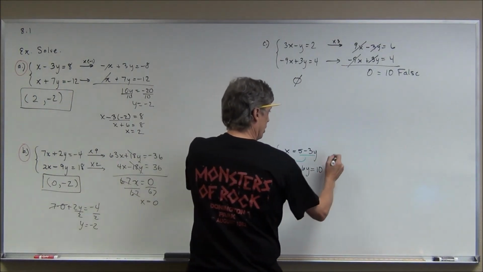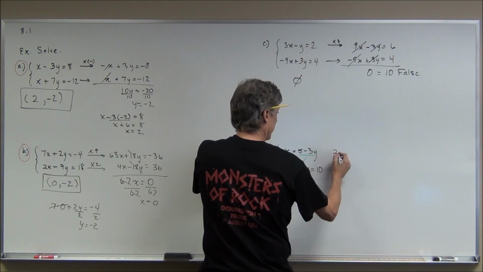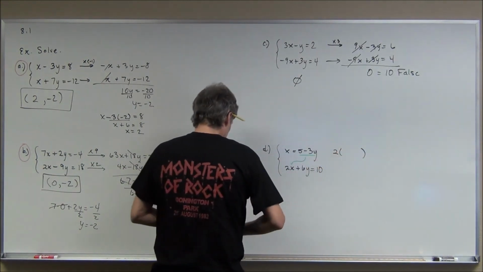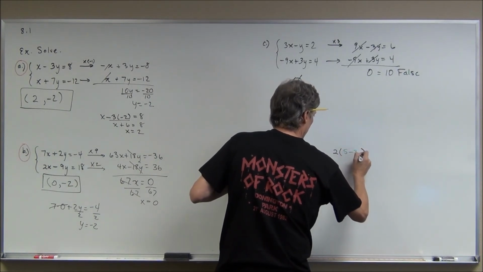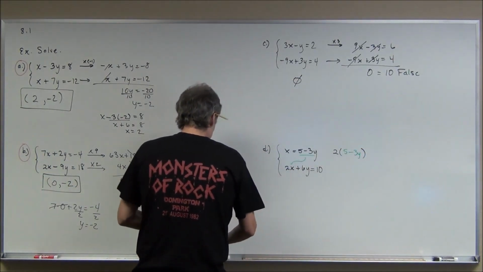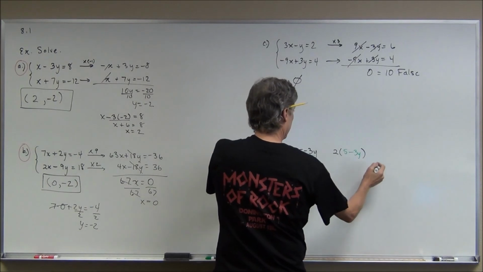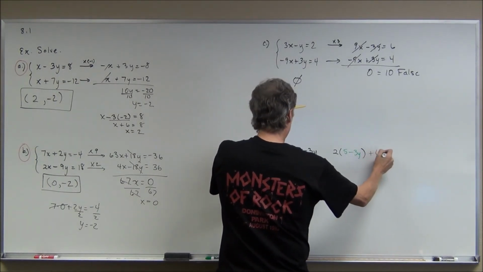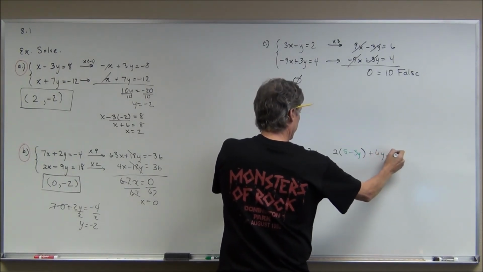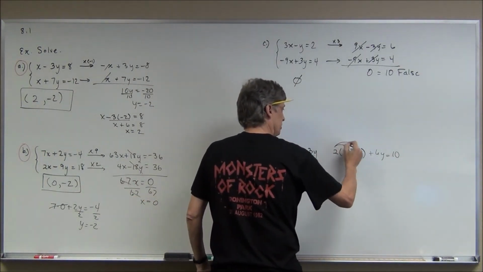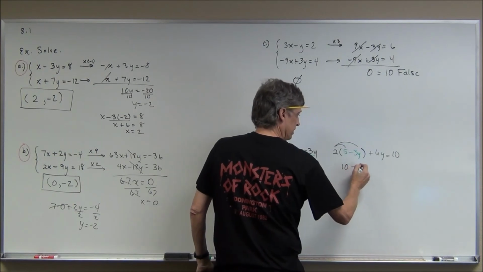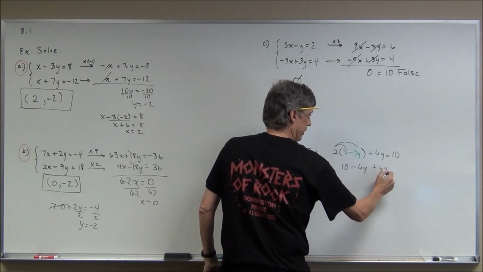So I have 2 times this, 5 minus 3y, plus 6y is equal to 10. So I've made my substitution. I have to simplify, distribute. I have 10 minus 6y plus 6y equals 10.